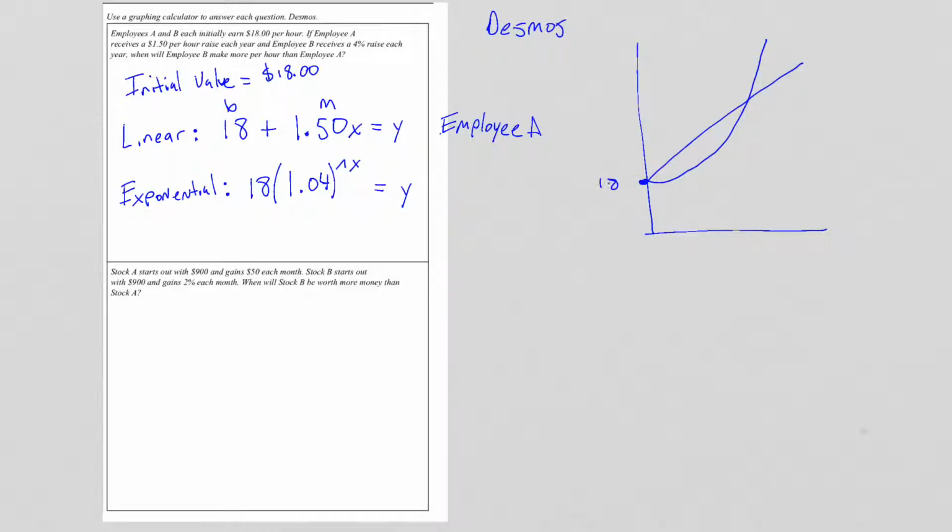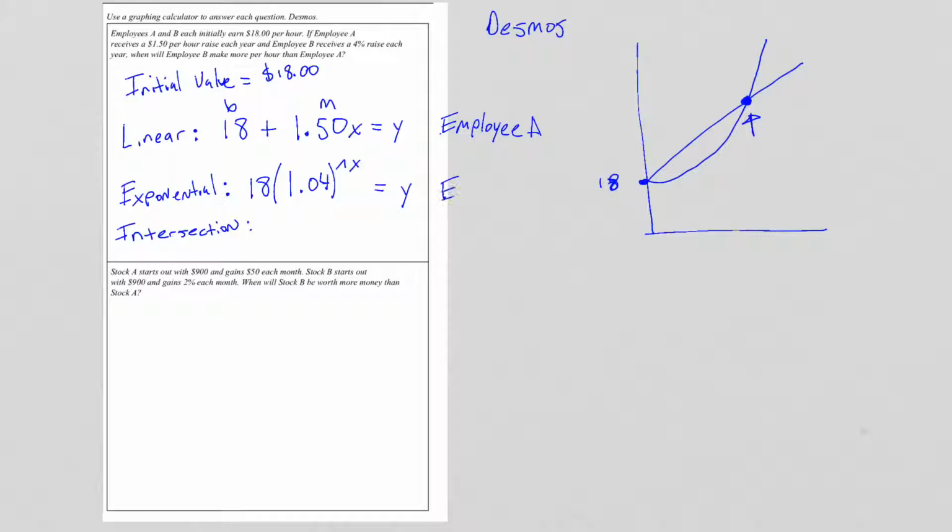They both start at $18. But somewhere on the graph, they intersect. And then we're going to have to, on our homework, write the point of intersection and then answer the question.